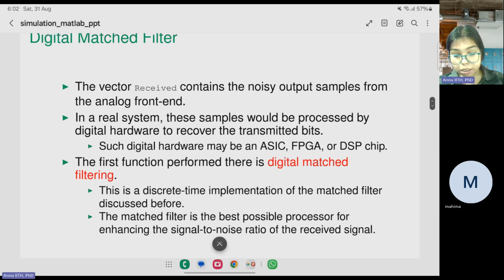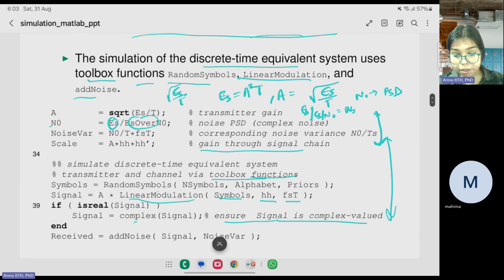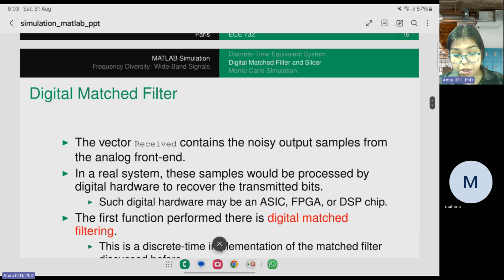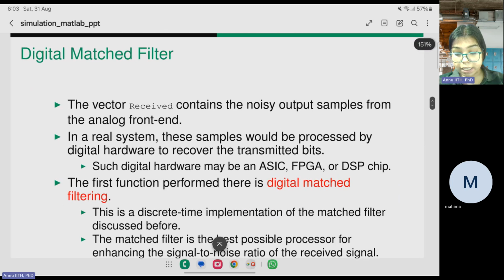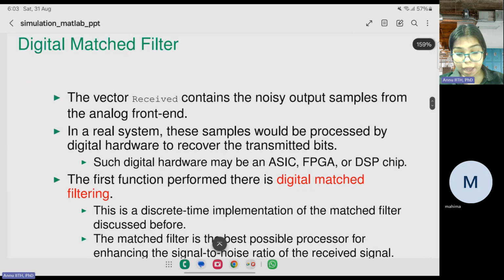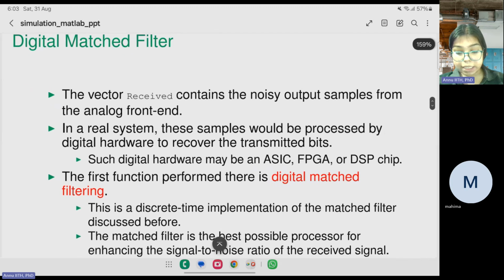So here, as we know, in case of the previous simulation, this was the simulation of the discrete time equivalent system. I used the toolbox random symbols. If we have the digital matched filter, the vector received contains the noisy output samples from the analog front end. In real systems, these samples would be processed by digital hardware to recover the transmitted bits.